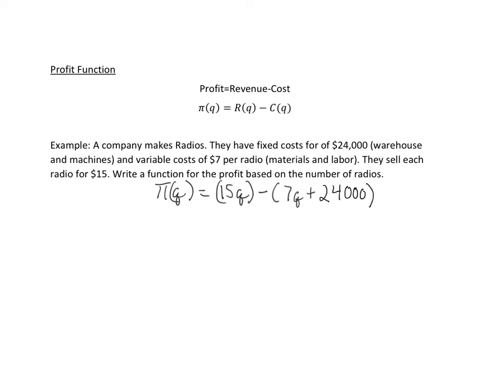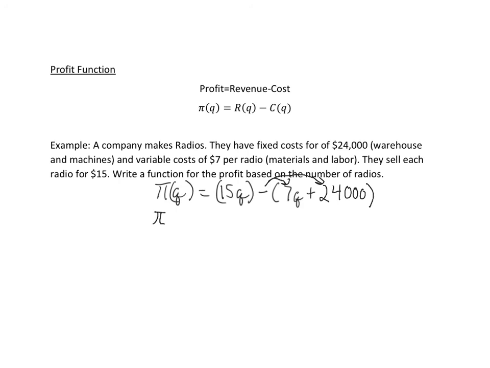And you're probably wondering why I'm putting that in parentheses. Well, what you want to be careful to recognize is that plus 24,000, that should really count against profit. So what this minus sign does, if I distribute that minus sign in, is it just helps me recognize that cost is negatively affecting profit.